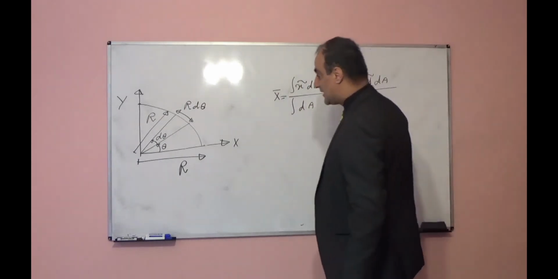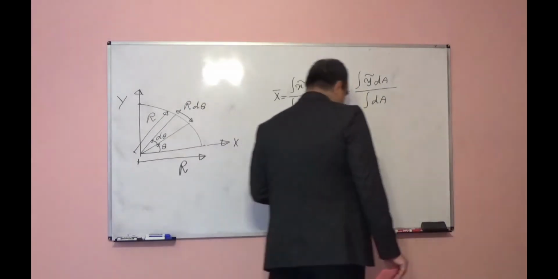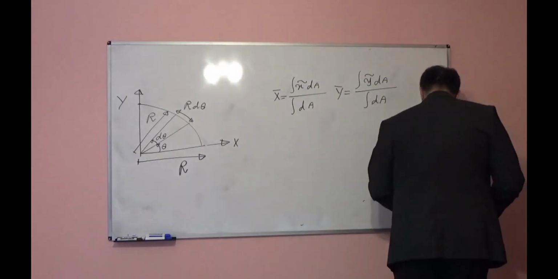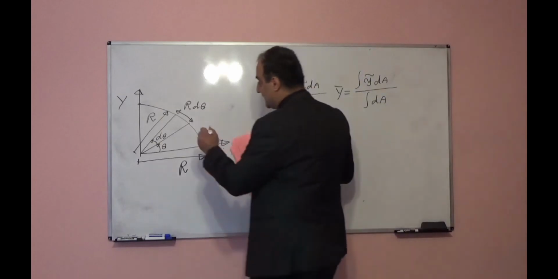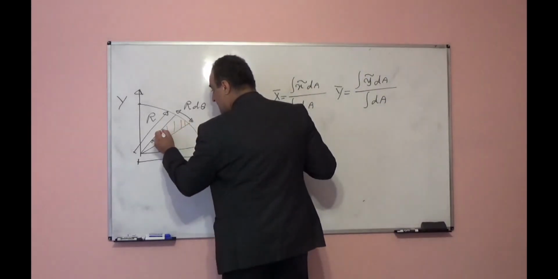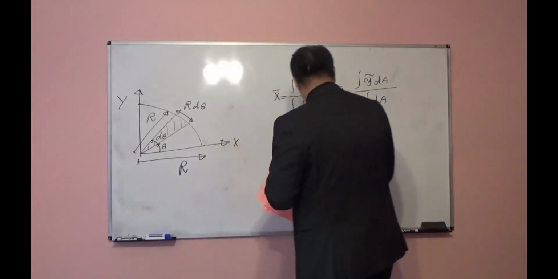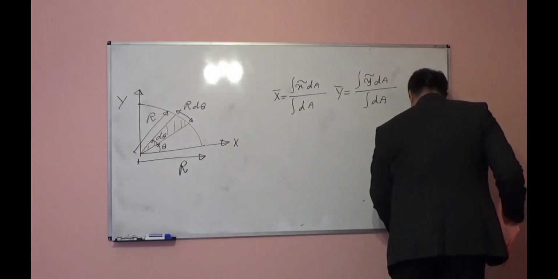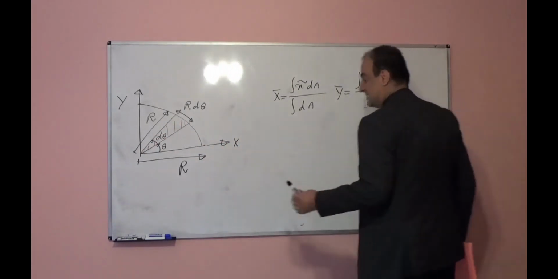So the area for this small element, you see it is triangle shaped, will give us dA.